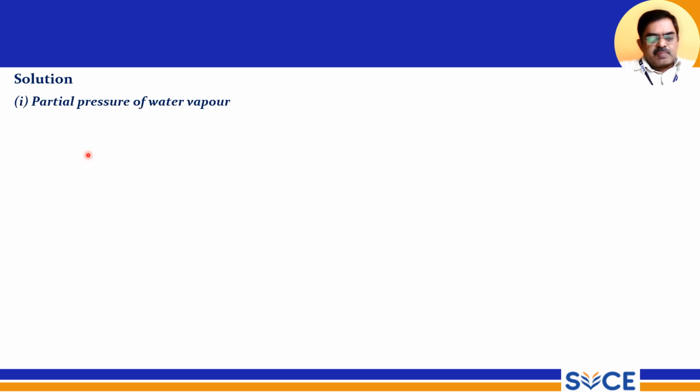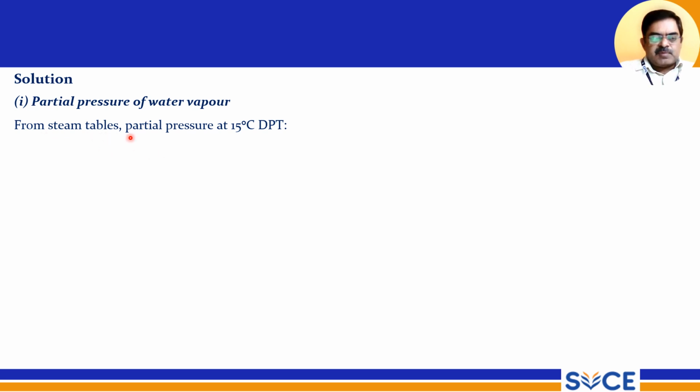So first one, partial pressure of water vapor from steam tables. You have to carry these steam tables with you to exams, and you have to use them effectively, and I will be teaching that when we meet in our regular classes.